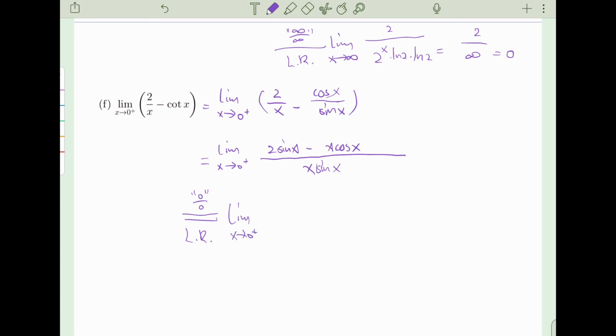So I can write this as the derivative of the top, which is 2 cos x, minus, now this is difficult, the product rule, right?